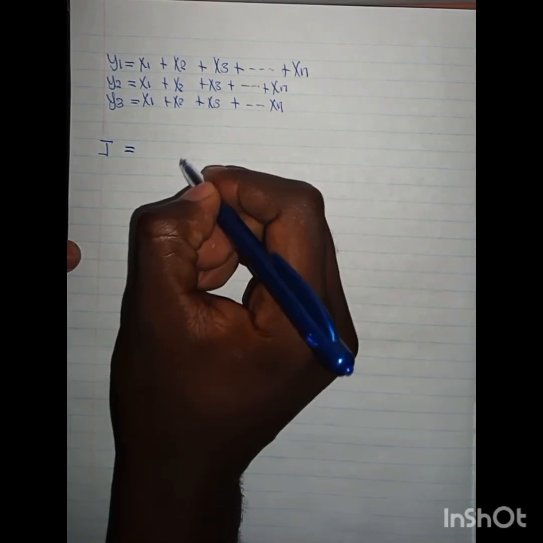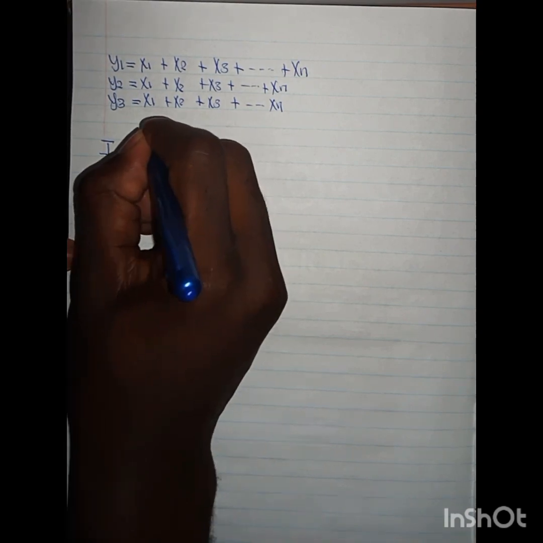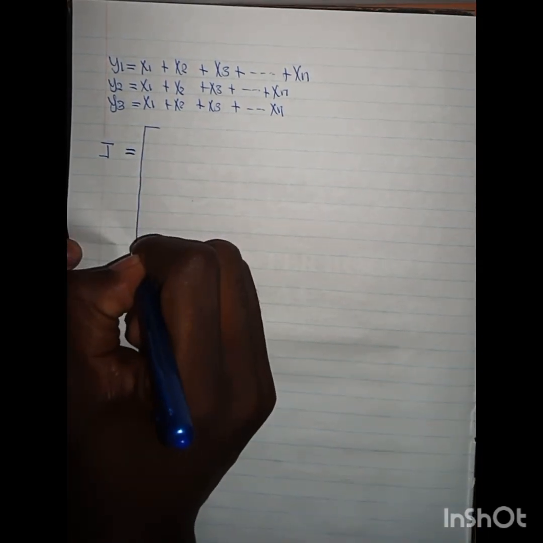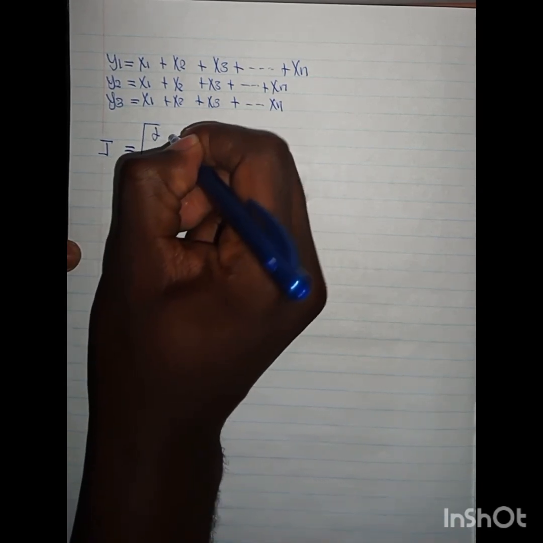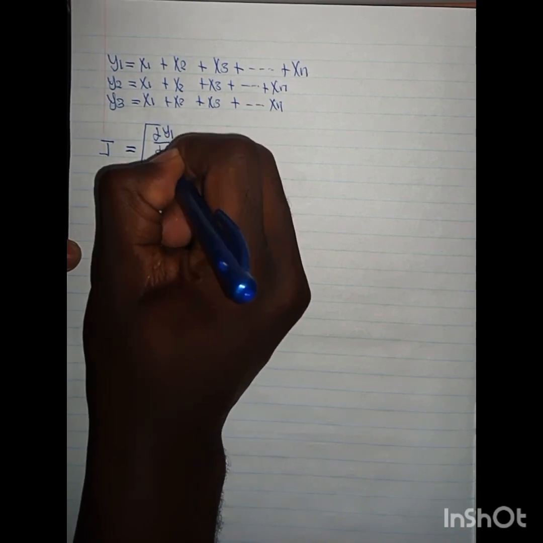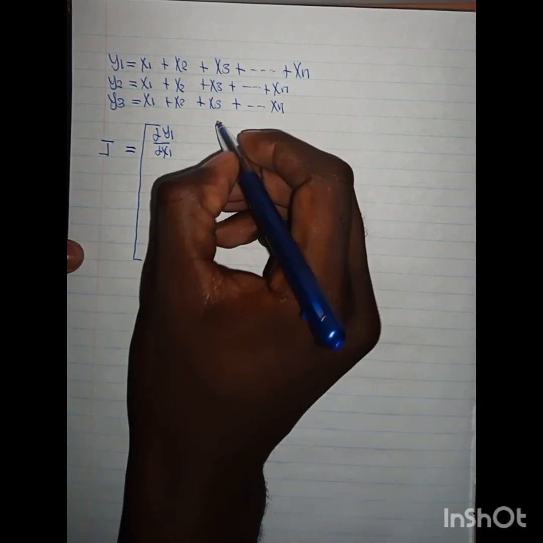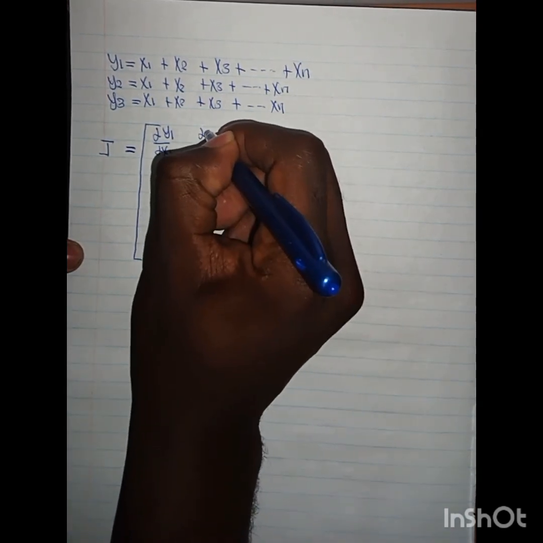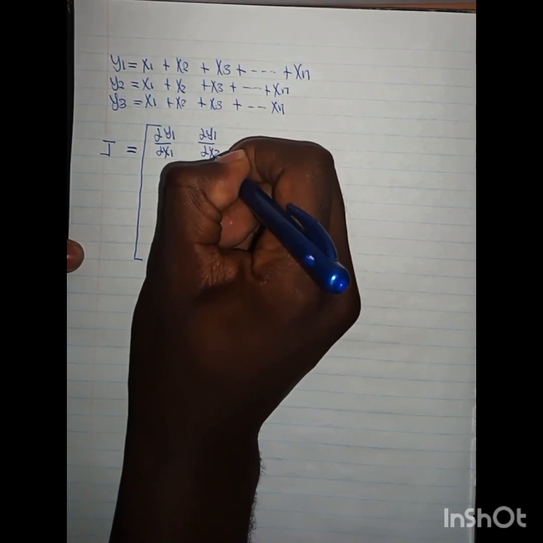If I want to represent this information in the form of a Jacobian matrix, this is how we go about it. J is used to denote the Jacobian matrix. So in the first row, I'm going to find the derivative of y1 with respect to x1. In the second column, the derivative of y1 with respect to x2.